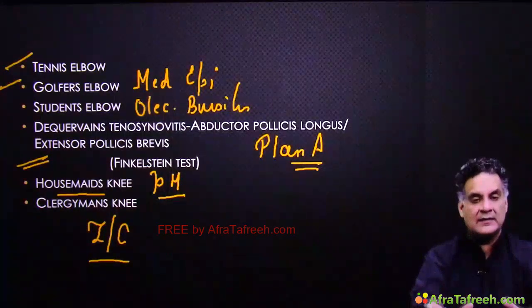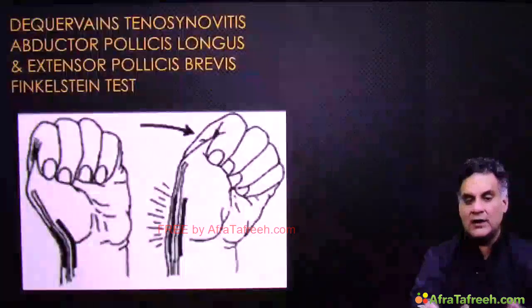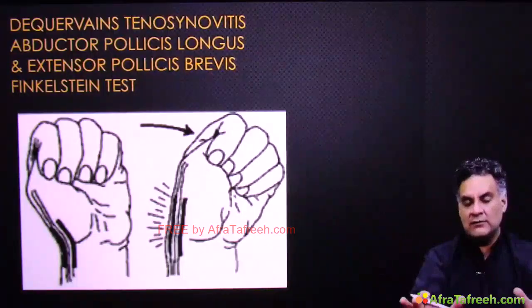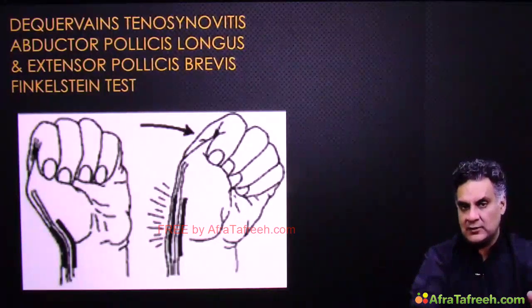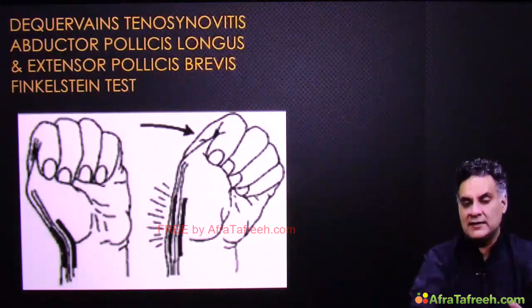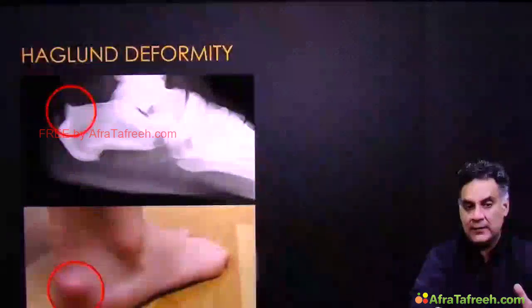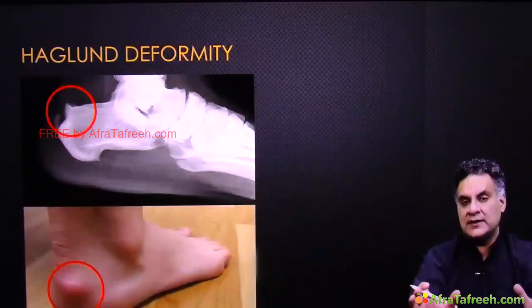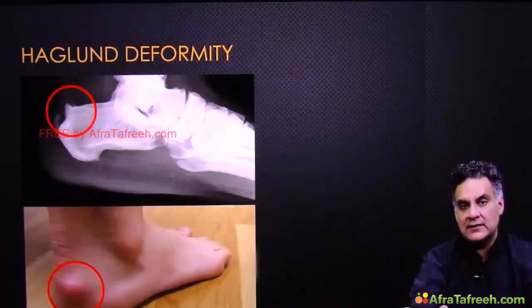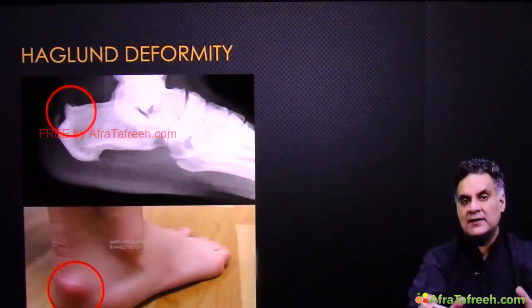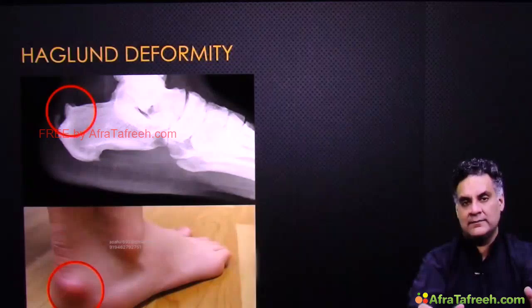So these are the inflammatory conditions. All are treated by Plan A. De Quervain's involves abductor pollicis longus and extensor pollicis brevis. Finkelstein test, Plan A. Or you can have insertional tendonitis of the tendo Achilles along with retrocalcaneal bursitis, called Haglund's deformity.